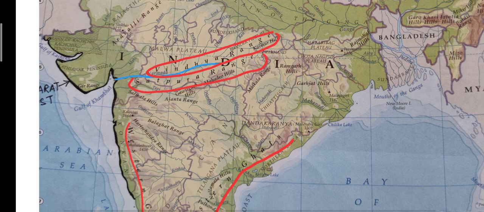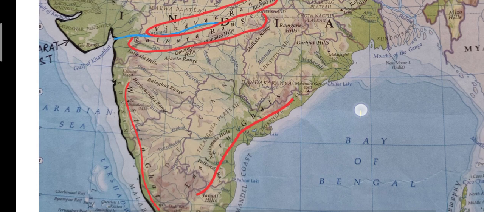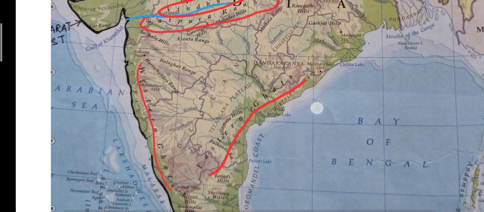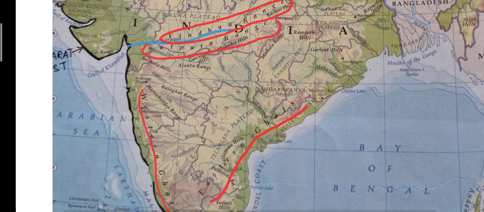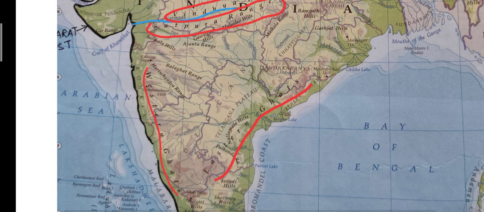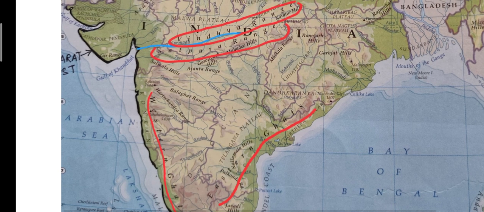Below this river, this land looks like a triangular tableland. So from river Narmada up to south, this portion looks like a high triangular tableland, and this is also the southern plateau.